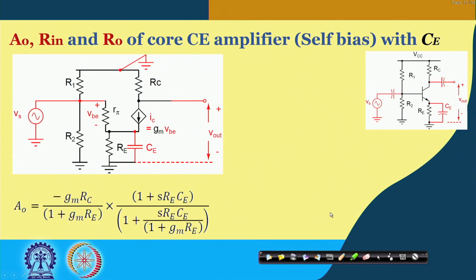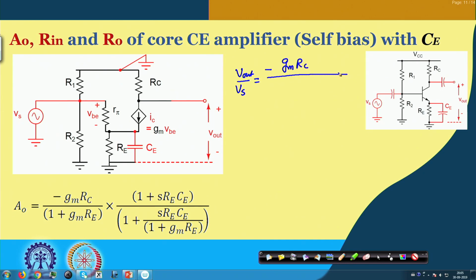So, from that previous analysis we can say that the voltage gain, namely Vout by Vs, can be written as minus Gm into Rc divided by 1 plus Gm into Re in parallel with 1 by S into CE, and its corresponding Laplace domain transfer function.